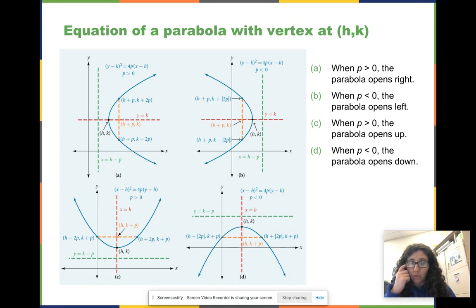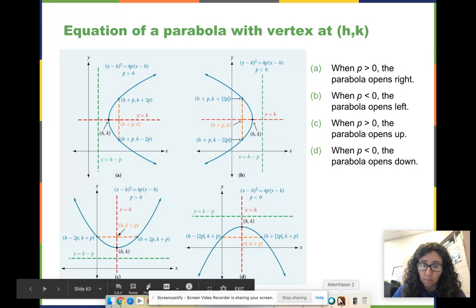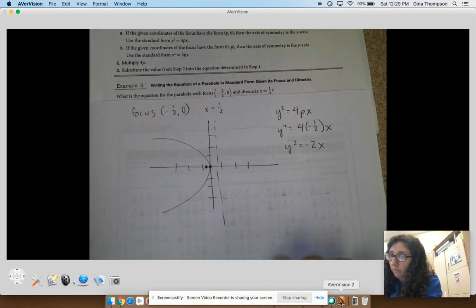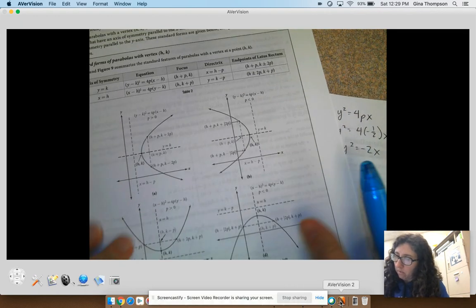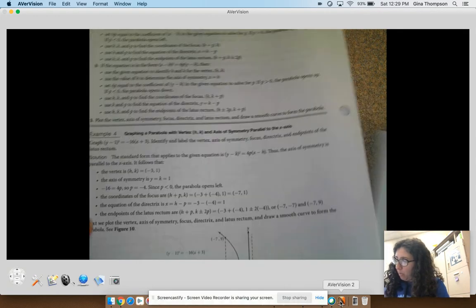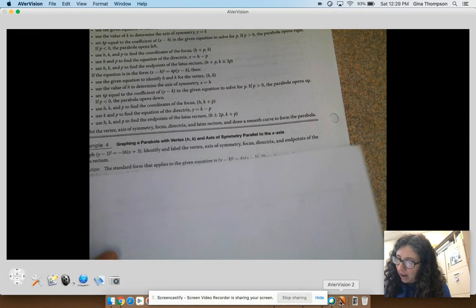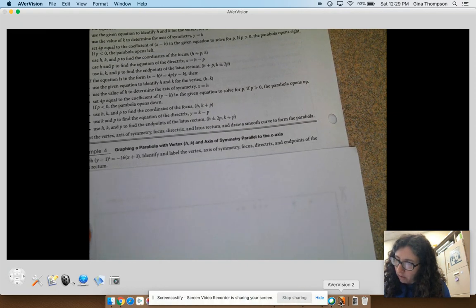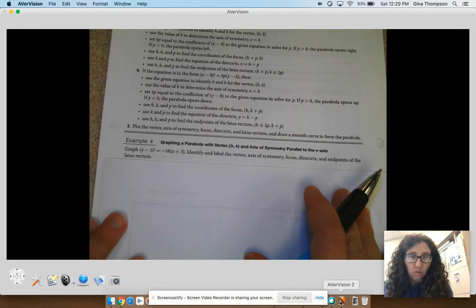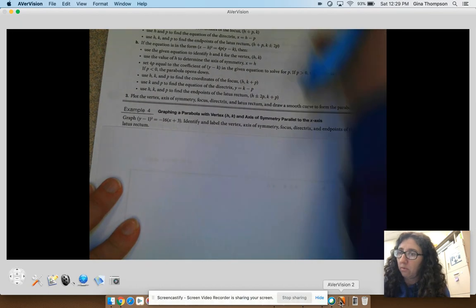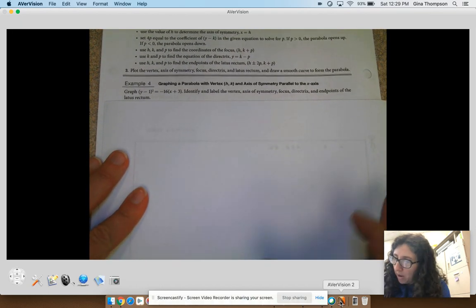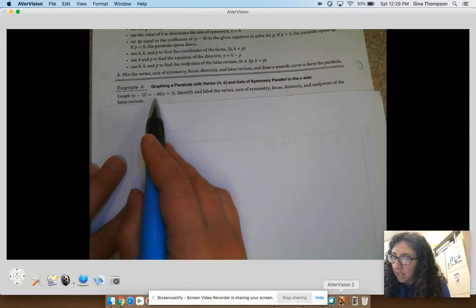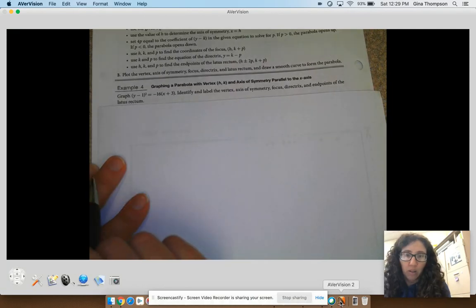Okay, so let's do examples where we have the vertex not at the origin. Example 4. Graph this equation: y minus 1 squared equals negative 16 times x plus 3.